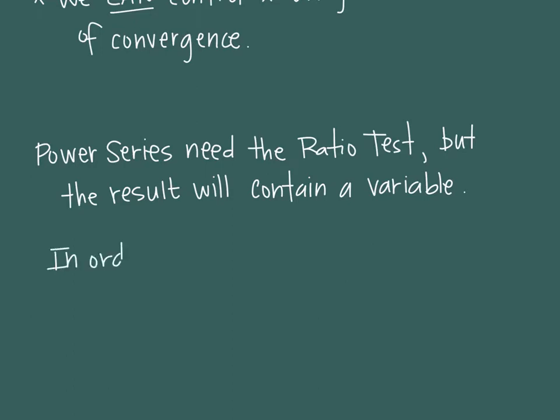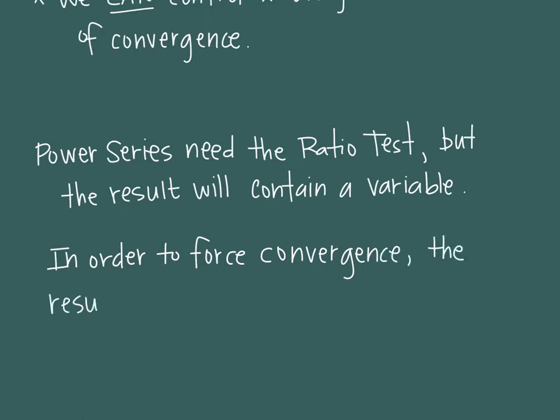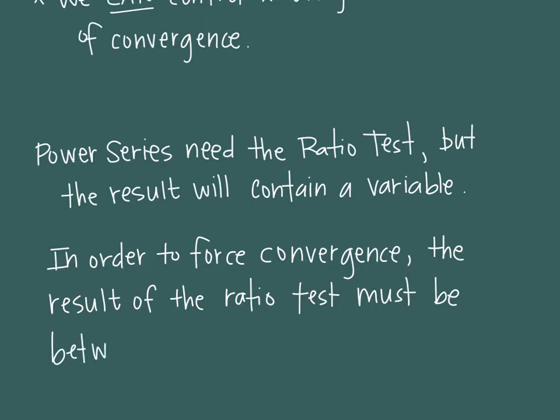In order to force convergence, the result of the ratio test, whatever it is containing a variable, must be between -1 and 1.